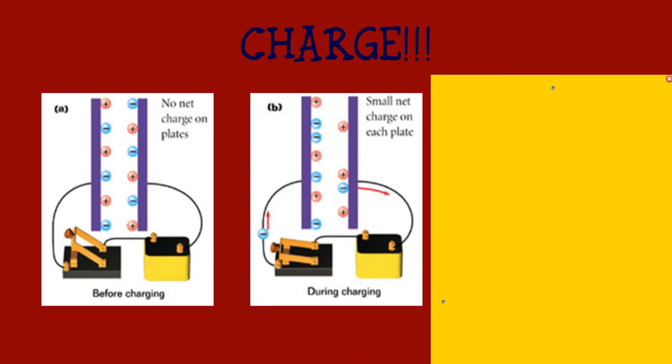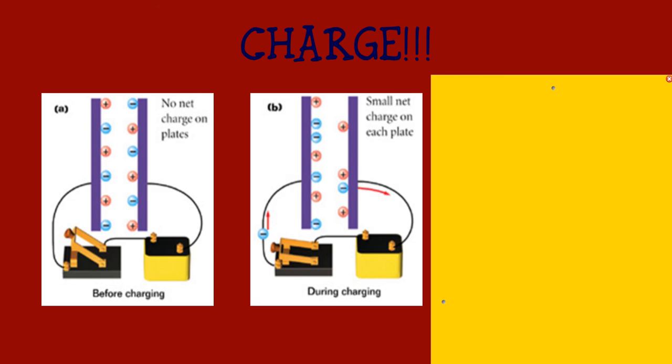So we have one electron that has left the plate on the right-hand side, has traveled through the battery and through the switch and the wires, and then it has found itself on the plate on the left-hand side. This happens quickly at first, many electrons leaving one plate and going to the other, because they're given energy by the battery to do so.